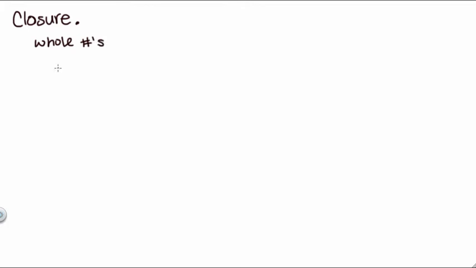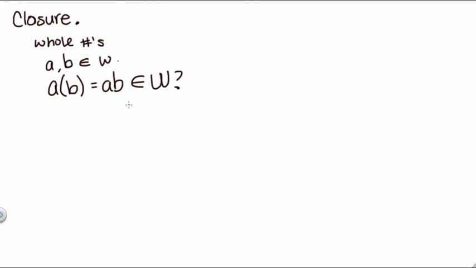So the set that we're considering is whole numbers. So when A and B are whole numbers, when you multiply A times B, or just write AB, is this another whole number? Right? So what you need to see is if you can multiply any whole numbers to not get a whole number.